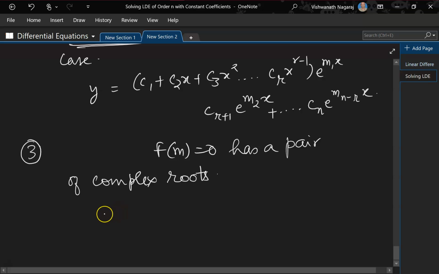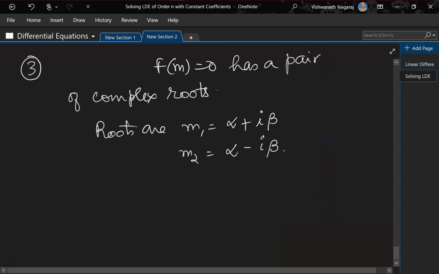Now let's say the roots are m1 is equal to alpha plus i beta, and the second root is, remember, theory of equations says that if you have a complex number as a root of an equation, its conjugate would also be a root.